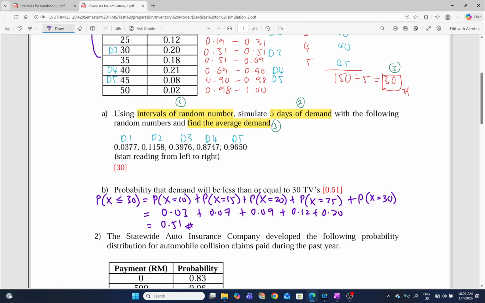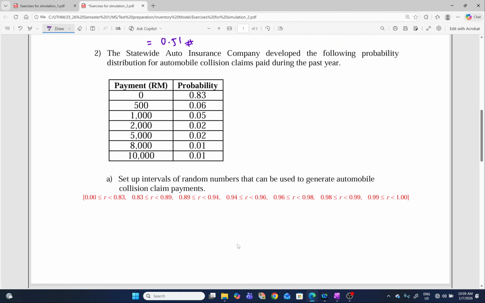Number 2, the statewide auto insurance company developed the following probability distribution. Okay, set up intervals of random numbers. Again, we're going to do the probability distribution for automobile collision. This is a claim.